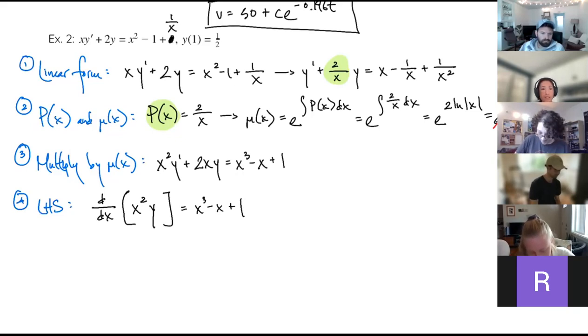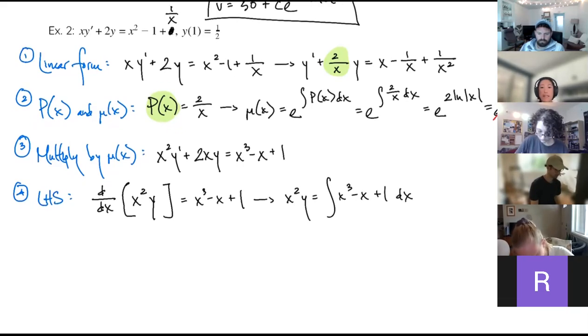We're going to integrate and then we're going to divide by x squared. So x squared y equals the integral of x cubed minus x plus 1 dx. And I'm not writing the integral sign on the left-hand side because that cancels with my d dx.